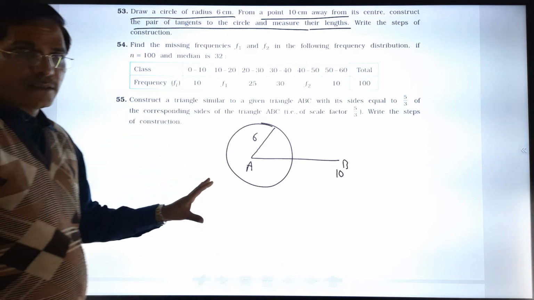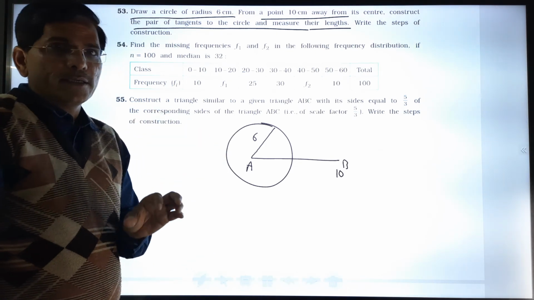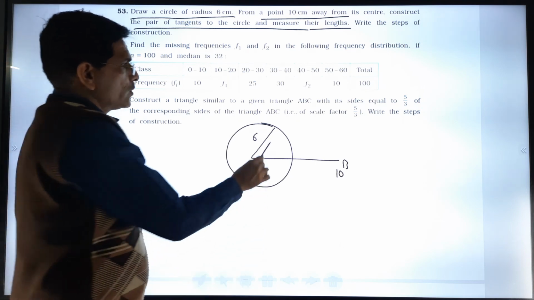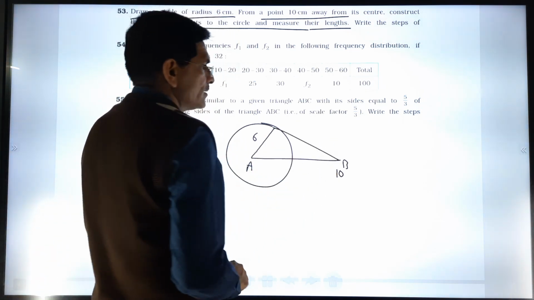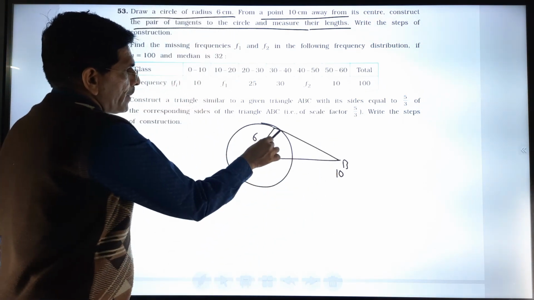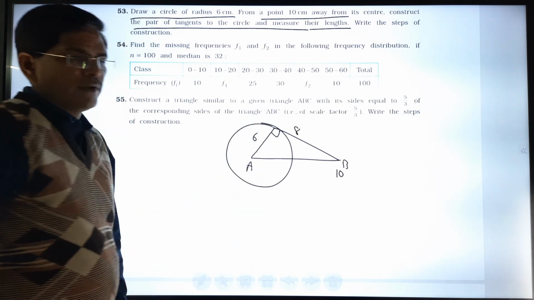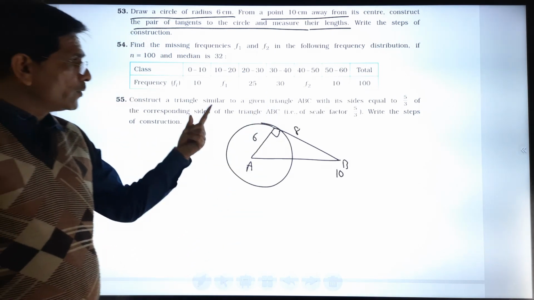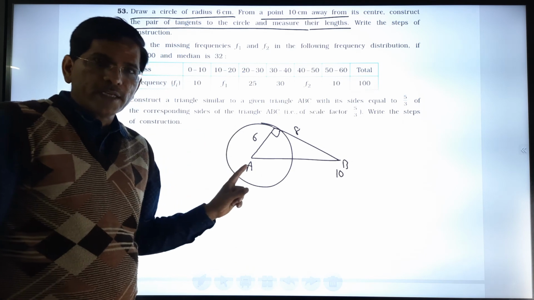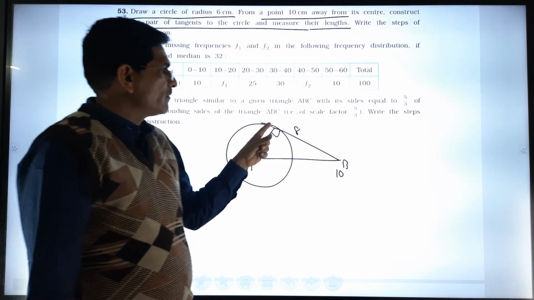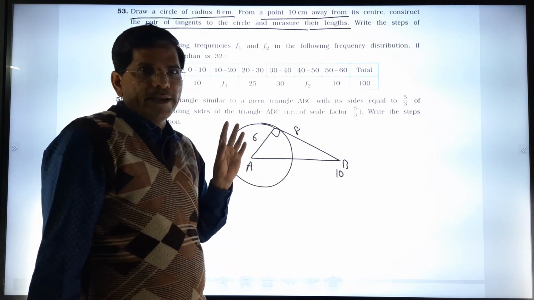It's a construction, but you must know what value you will get. So I have to find this value. By applying Pythagoras, we can easily know the value is 8. When you do the construction, you will get the tangent length as 8.